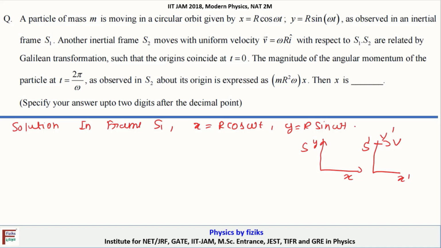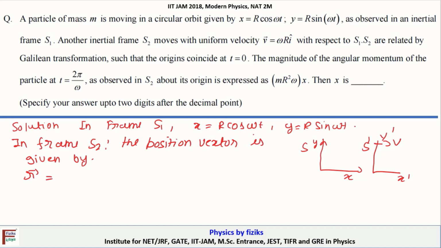So let us write in frame S2 the position vector is given by r equals (x minus vt) i plus y j, that is (r cos ωt minus vt) i plus r sin ωt j.